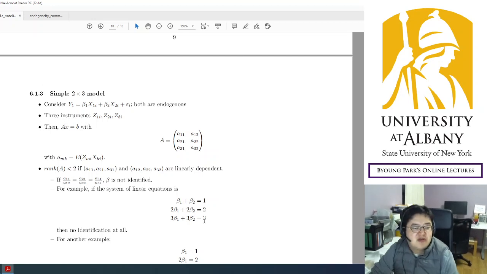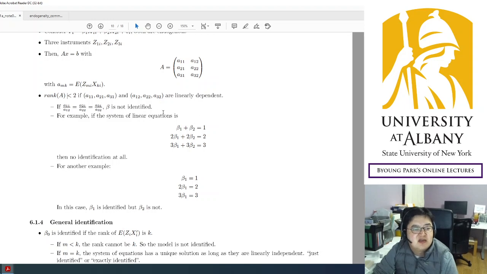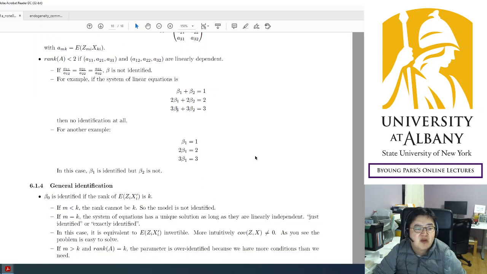So think about this. It does not work. Even if it has 3 equations for 2 unknowns, as you see, all 3 equations are reduced to basically one equation. It is just one equation, so you don't have any equation like here. For another example, this is another example.